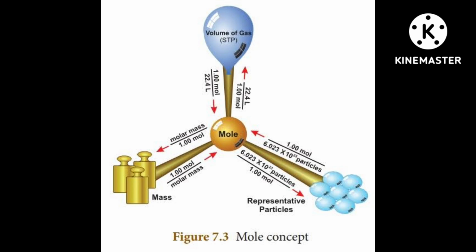Already I told you what molecular mass is. And the third concept is that atomic mass is equal to 1 mole. If you are talking about the atoms of metals generally, then atomic mass or atomic weight is equal to 1 mole. This is the third concept.